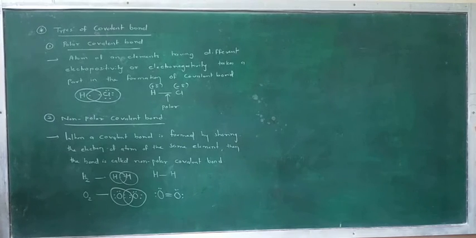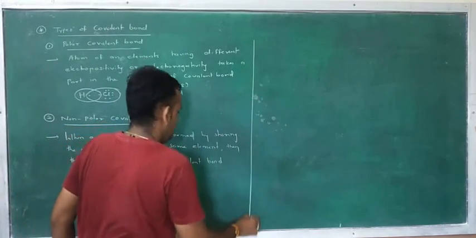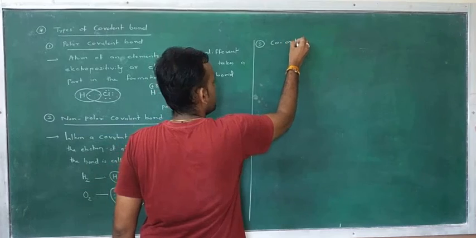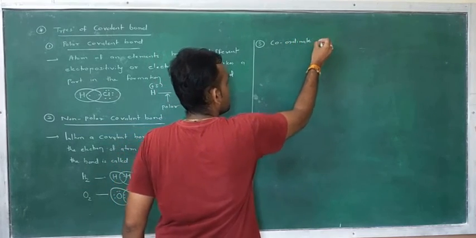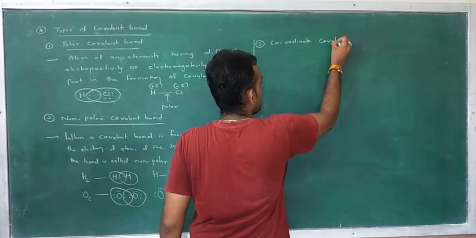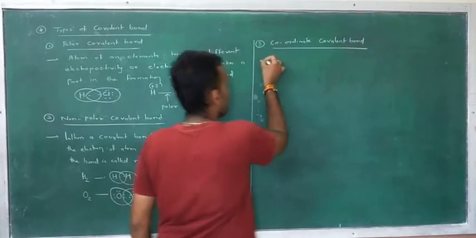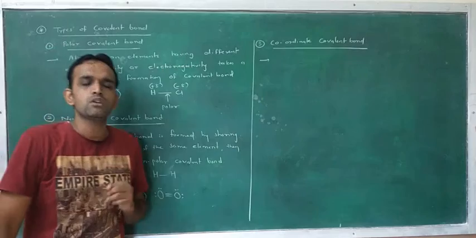Now the third one, that is the coordinate covalent bond. Let us see. Now, what do you understand about the coordinate covalent bond?